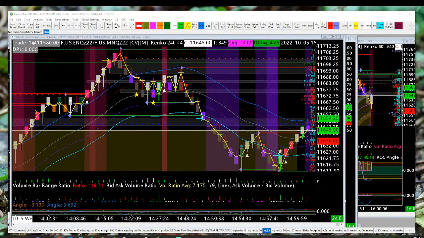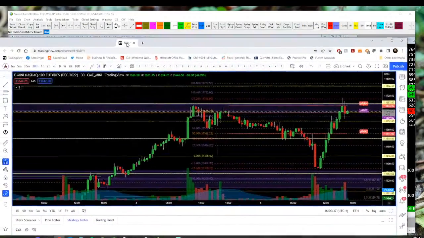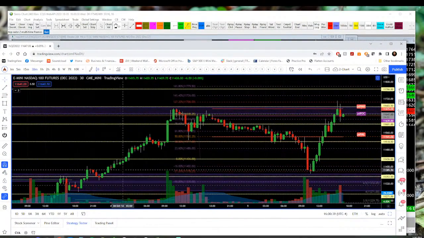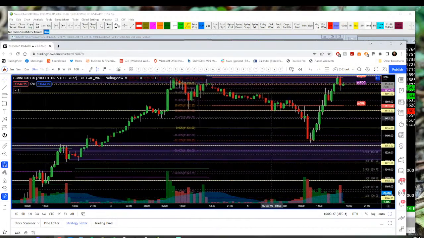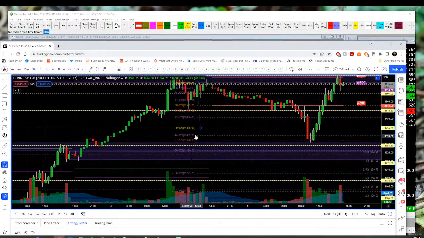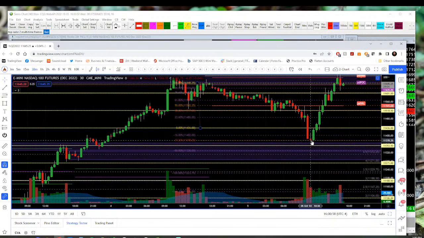We didn't even fill the gap from this day, what was that, Monday night? See that? But we had this purple pivot that it just tapped, and then we had a bunch of these extensions, and one of these was bound to work.